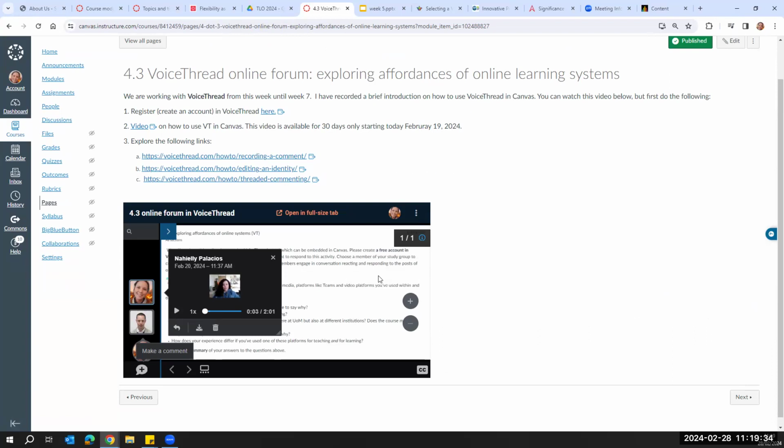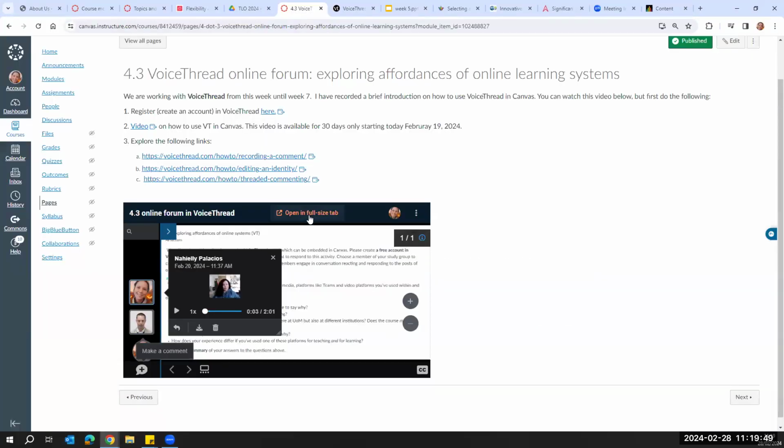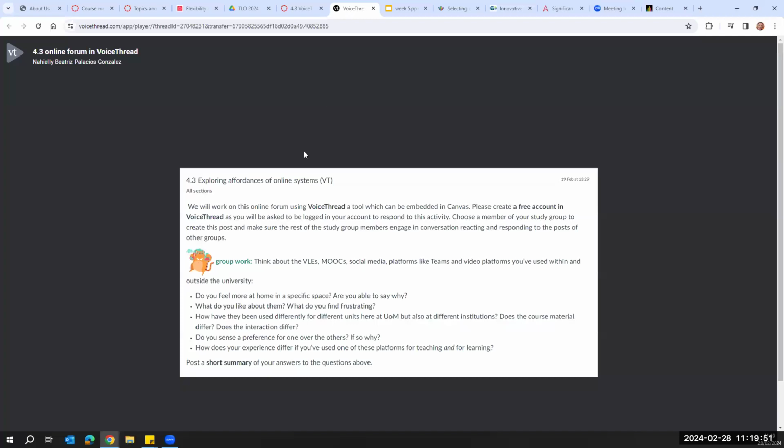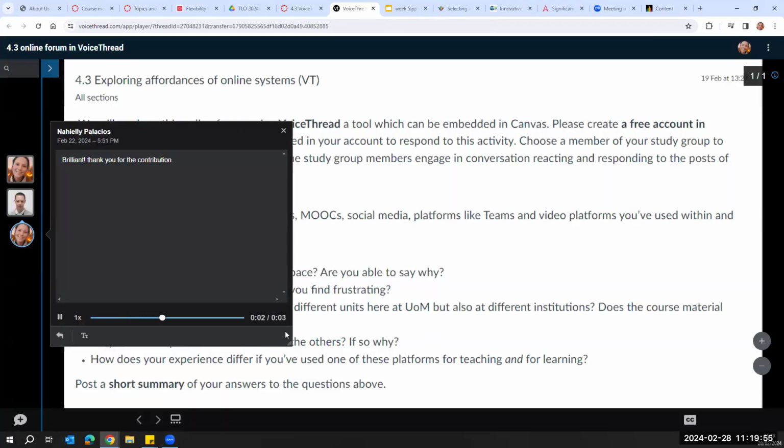If you didn't create one, you may want to leave this to somebody who has that account and has previously created it. Now, if you want to see this fully open, you could just click on that arrow here, and then it'll open another window. Click again, so it looks like this.